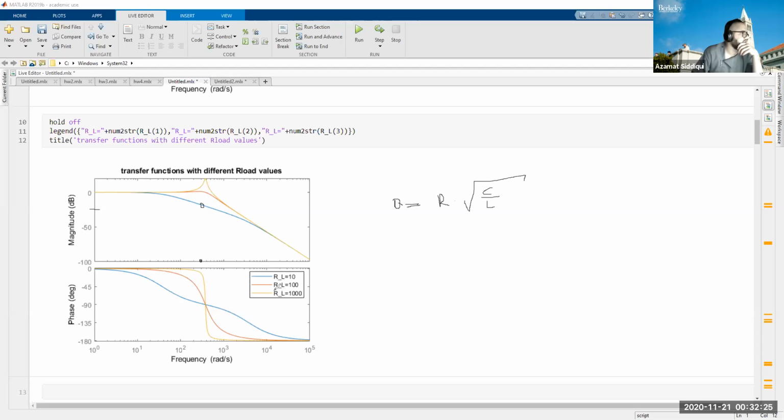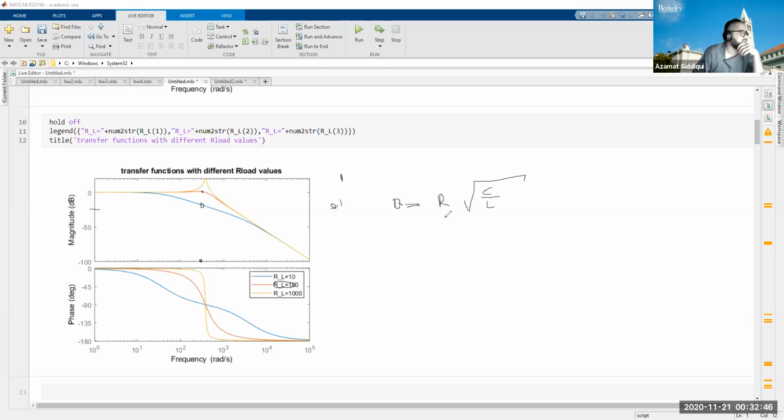And when you increase R to 100, Q increases by a factor of 10. You're going to see from negative 20 dB it comes to 0 dB, which is a value of 1. Negative 20 dB is a 0.1.